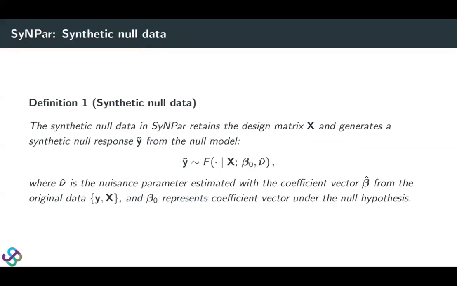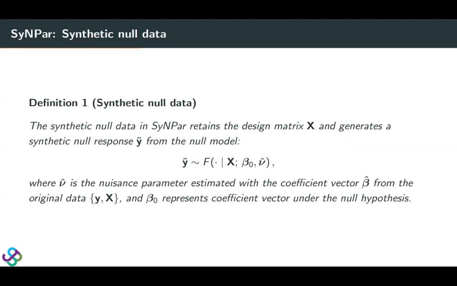So first of all, I want to define what we mean by synthetic null data. In the general form of the model, the design matrix is fixed, but we hope to generate the response under the null coefficient. The beta, we call it beta 0, to mean that it reflects the null hypothesis. But how about the nuisance parameter?